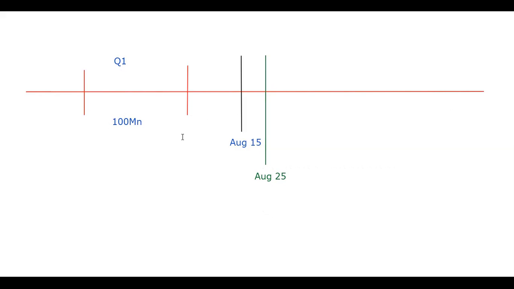For this quarter, let's say 100 million for easier calculation. Then what is the penalty and interest? Can anyone tell me how much is the penalty and how much is the interest?